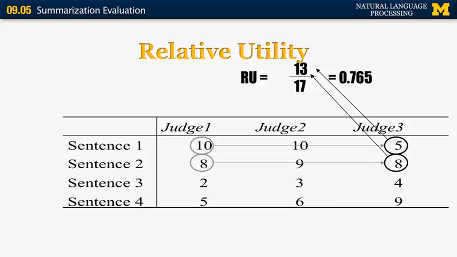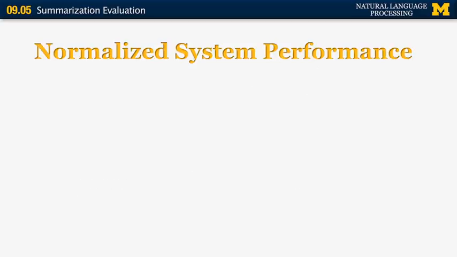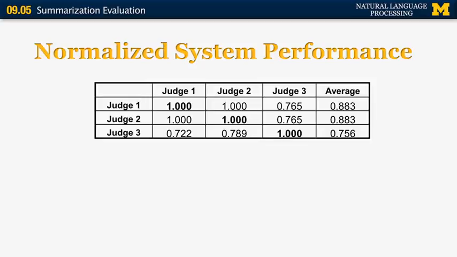And since we have 3 judges, we can have 6 pairs of relative utility scores computed this way. And now, we can compute the performance of each judge against each of the other judges. It turns out that judge 1 and judge 2 would pick the exact same 2 sentences, therefore their scores are 1. But judge 1 would get only 0.765 against judge 3, and so would judge 2 against judge 3.